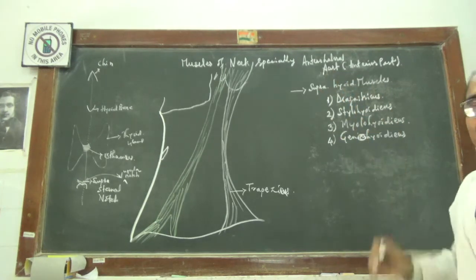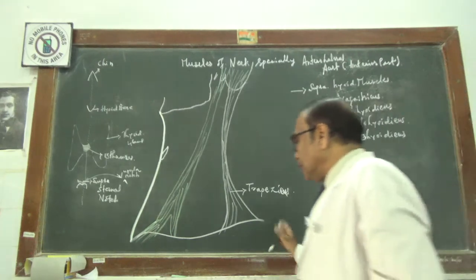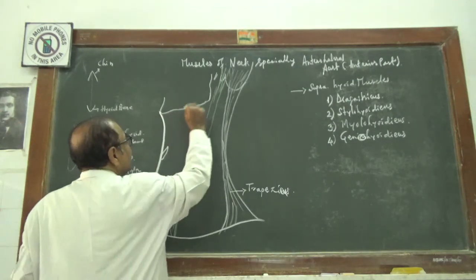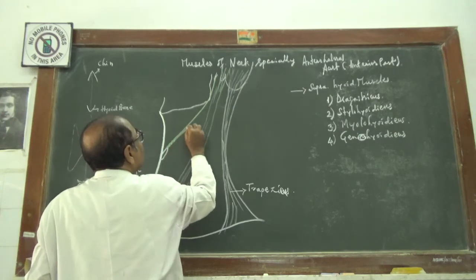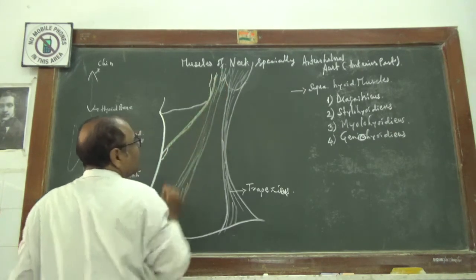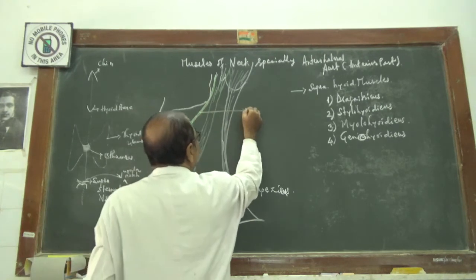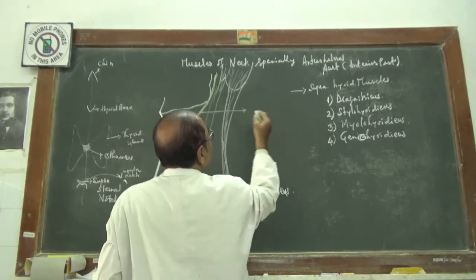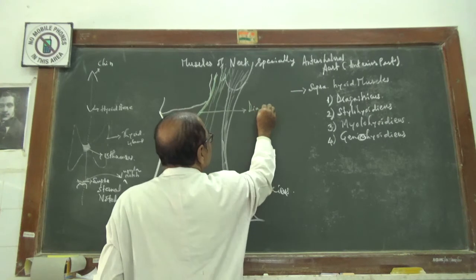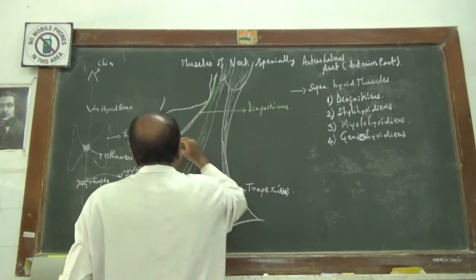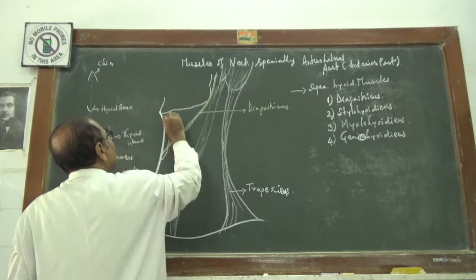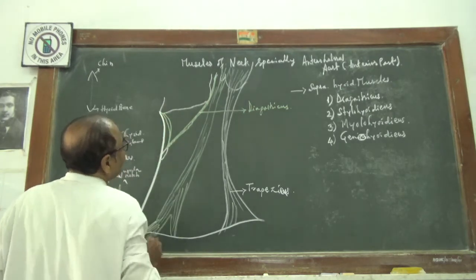These are the muscles which are there above the hyoid. So where are they now? This is the posterior belly of digastricus. There is one more thing for this.